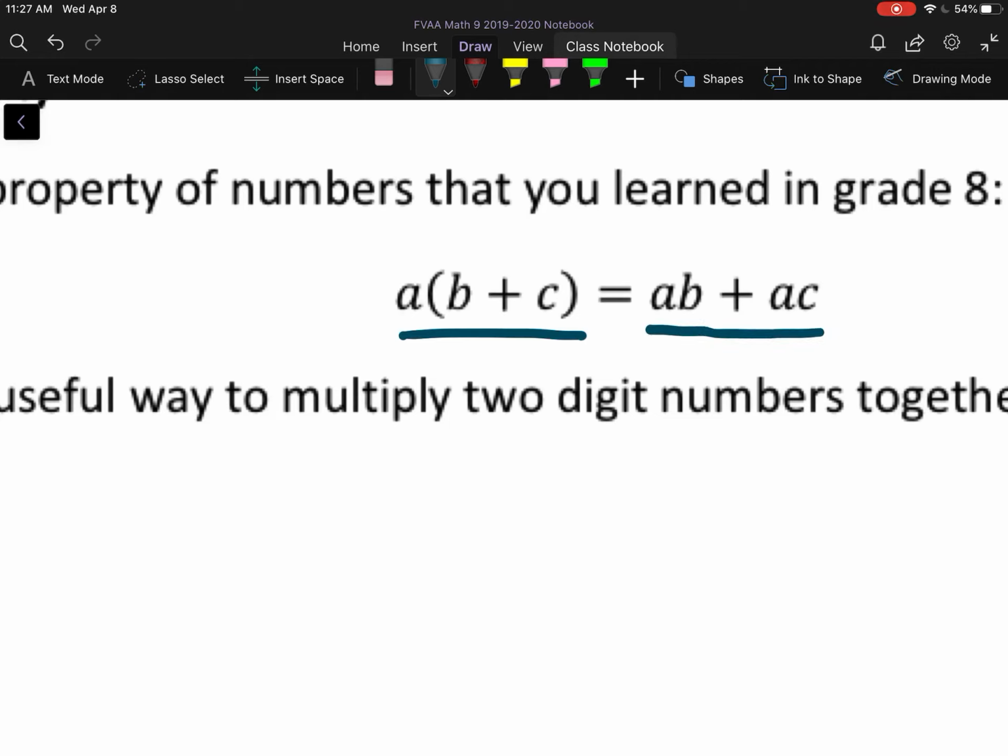So you're distributing, and I always use arrows to demonstrate the distribution here. A is going to be multiplied to both b and c. A represents my monomial, and the b plus c represents my polynomial. So the term outside of the brackets needs to multiply to each of the terms inside of the brackets.